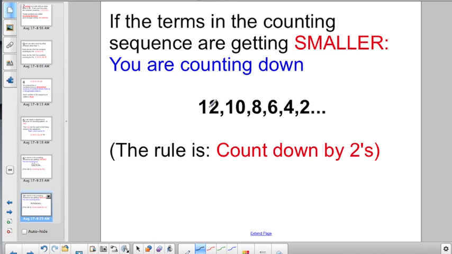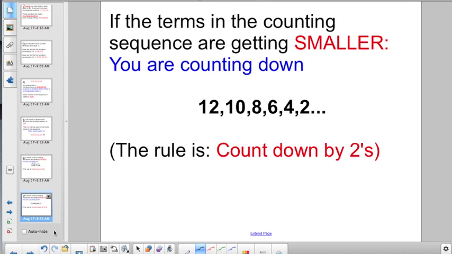The rule is I'm counting down by 2's. 12 minus 2 gives us 10. 10 minus 2 is going to give us 8. 8 minus 2 is 6. And so on and so on.